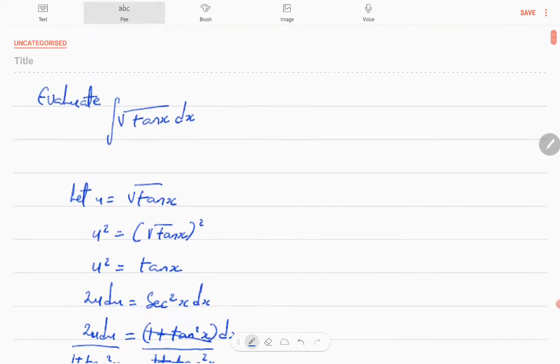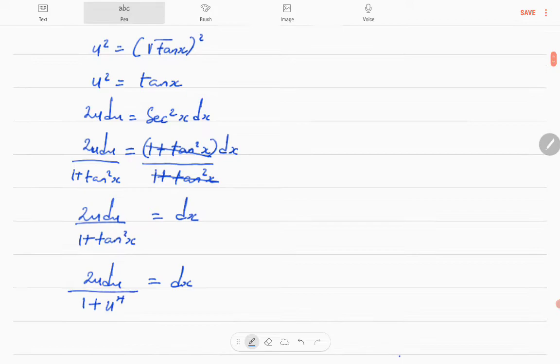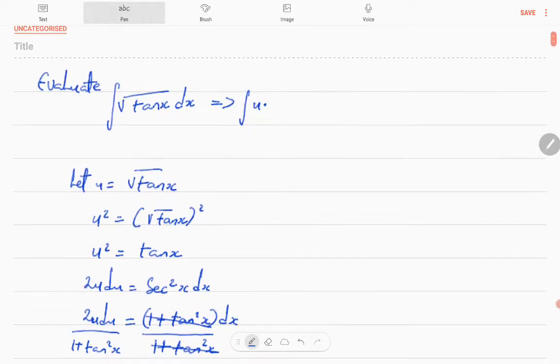So I'm going to substitute back here, replacing the integral of square root of tan x dx with the integral of u multiplied by 2u du divided by 1 plus u to the power of 4.